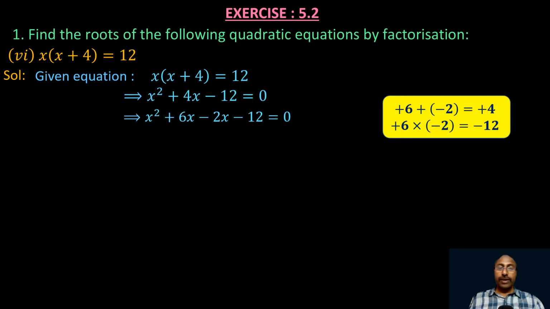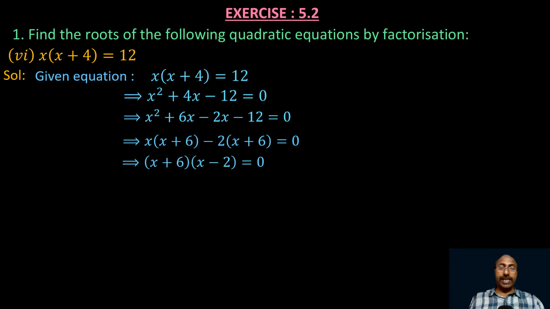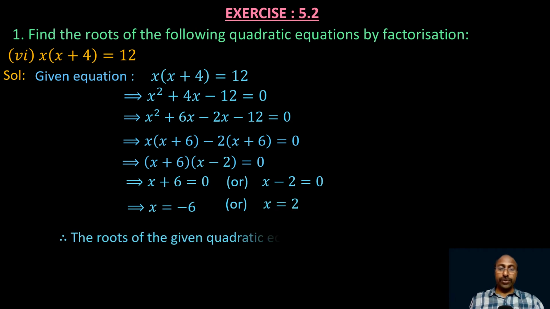So from this equation we can write x into x plus 6 minus 2 into x plus 6 equal to 0, and x plus 6 into x minus 2 equal to 0, and from this we can write either x equal to minus 6 or x equal to 2. That is, the roots of the given equation are minus 6 and 2. Take the seventh one.